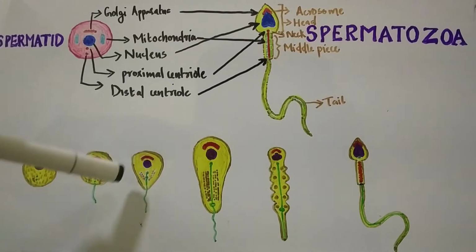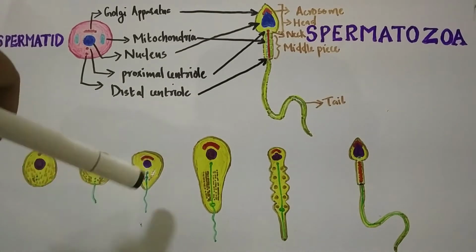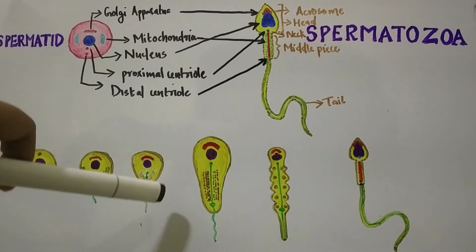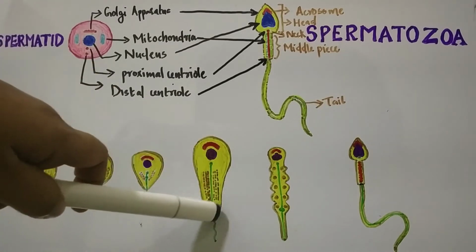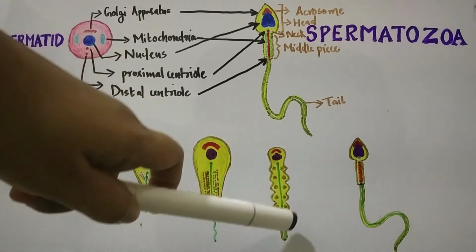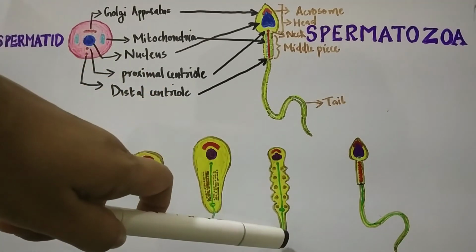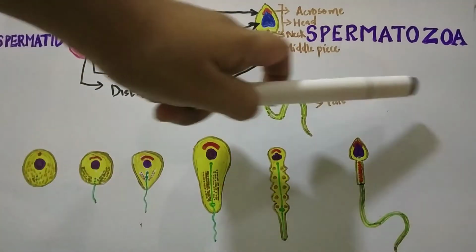Here you can see the proximal and distal centriole. The axial filament appears to come out of the proximal centriole, and the mitochondria are moving downwards. Here you can see the annulus, and the acrosomal cap is forming. Here again there is a lot of change, and this is a proper spermatozoa.